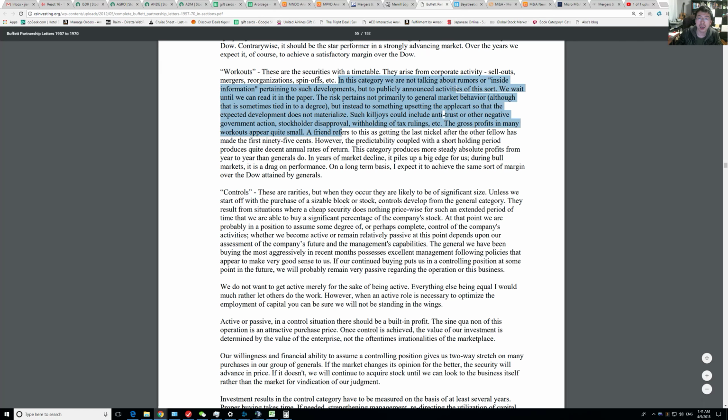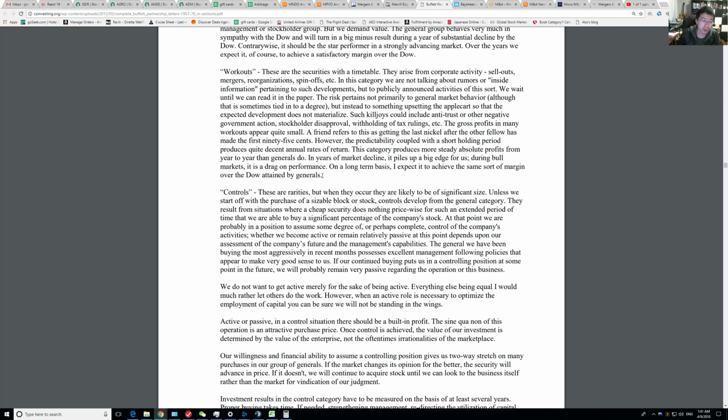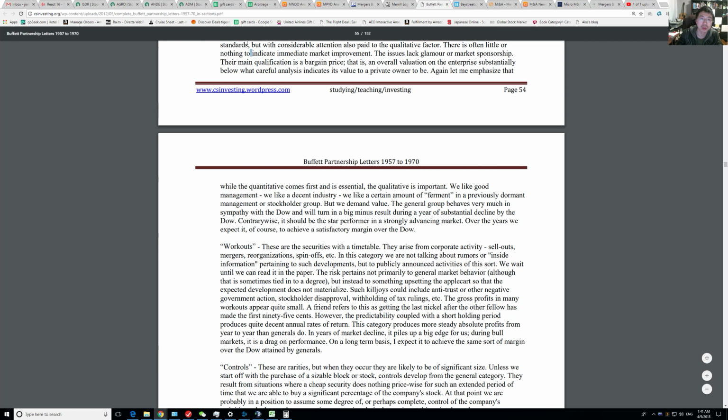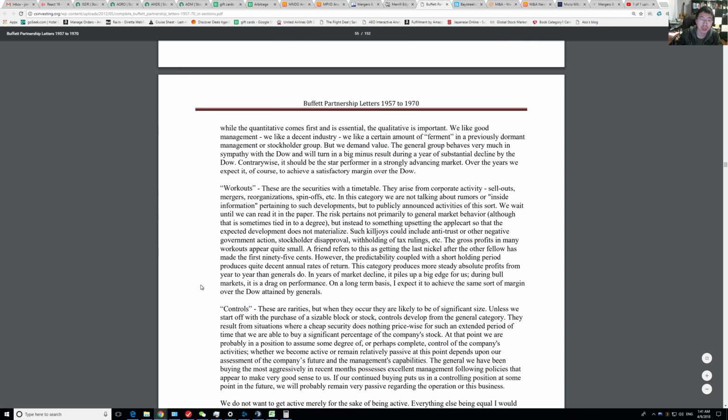And I remember reading somewhere that when the markets are high in terms of valuation, Buffett went much more heavily into workouts. And when the market is not overvalued, he had more in what he calls generals.